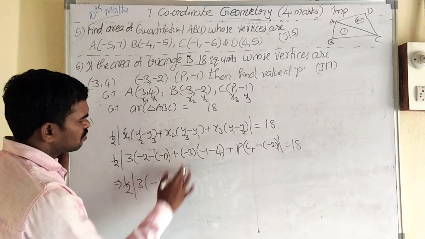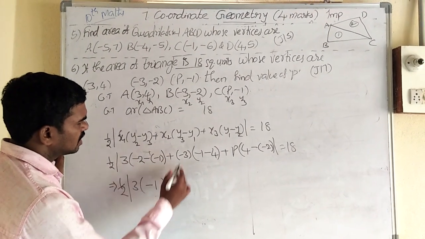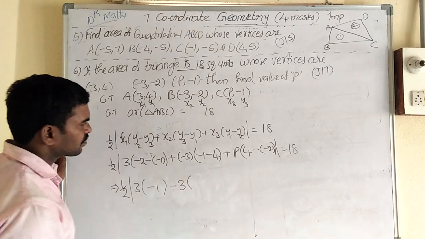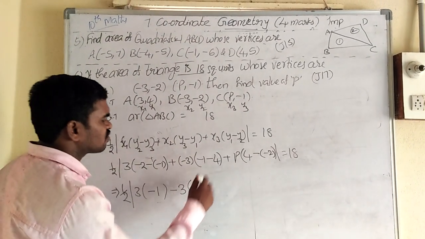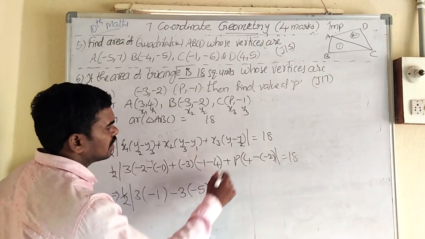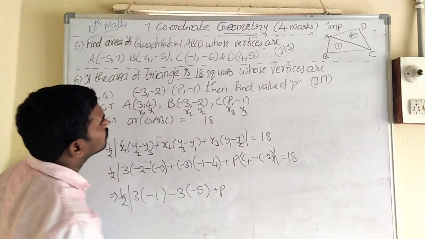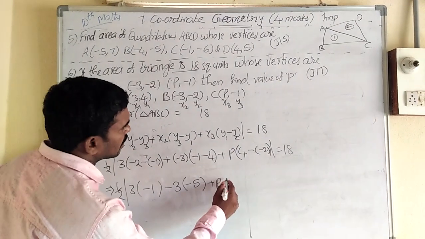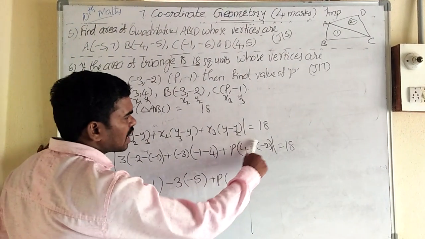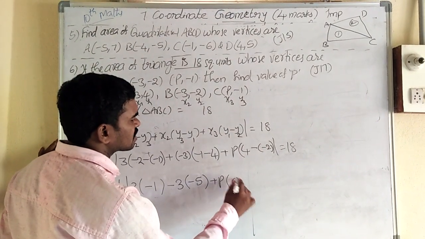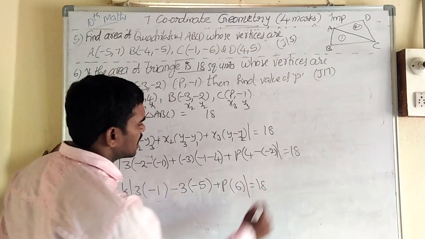Plus into minus, we can write minus 3. Next minus 1, minus 5. Both are negatives, so becomes minus 5. Next plus p. Plus p, bracket, minus into minus plus, so 4 plus 2, 6. Modulus is equal to 18.